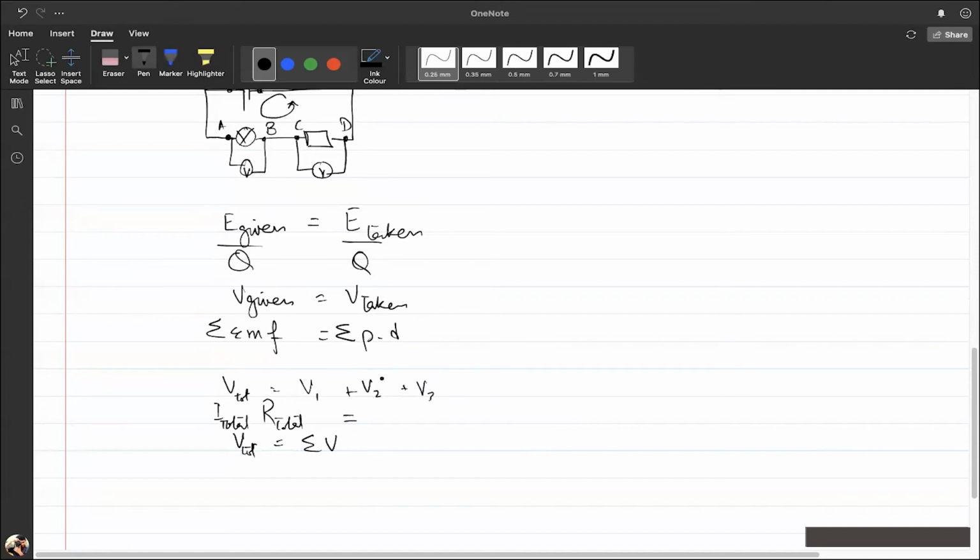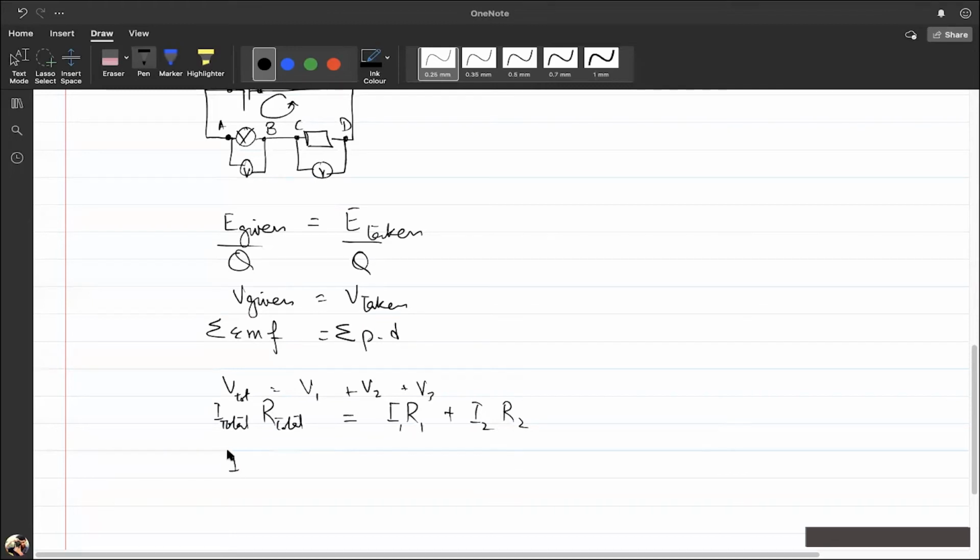What is V1? अगर मैं बल्ब को देखूं तो बल्ब के अंदर कितना करंट आया था? I. और रेजिस्टेंस कितनी थी? बल्ब की रेजिस्टेंस. तो I1 R1. सिमिलरली अगर मैं रेजिस्टर को देखूं तो करंट कितना आया था? I. और रेजिस्टेंस कितनी थी? R2. But if you notice, the total current that entered the bulb is exactly the same as the current that entered the resistor.